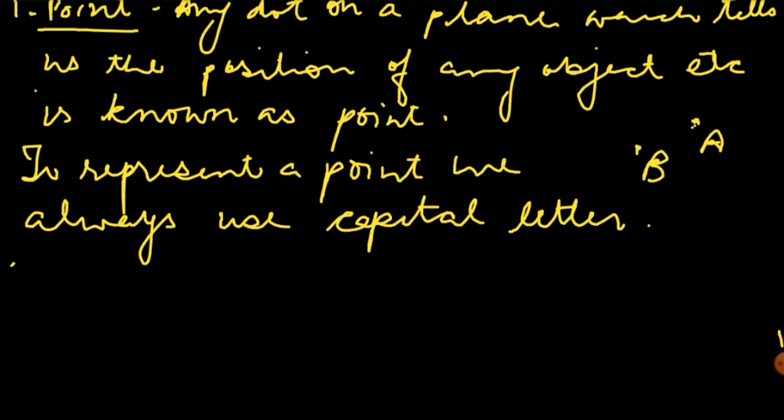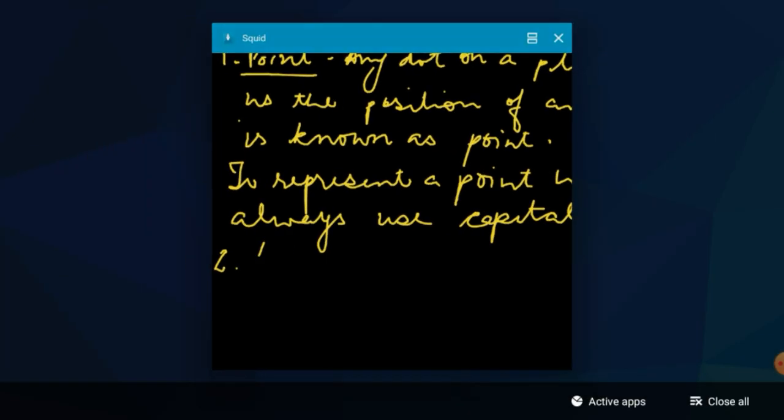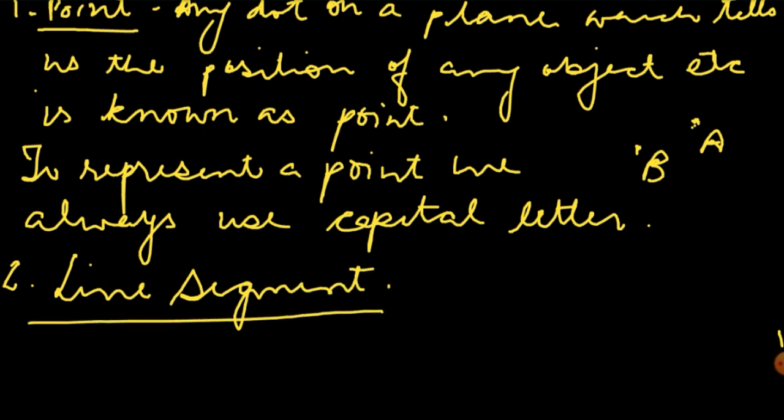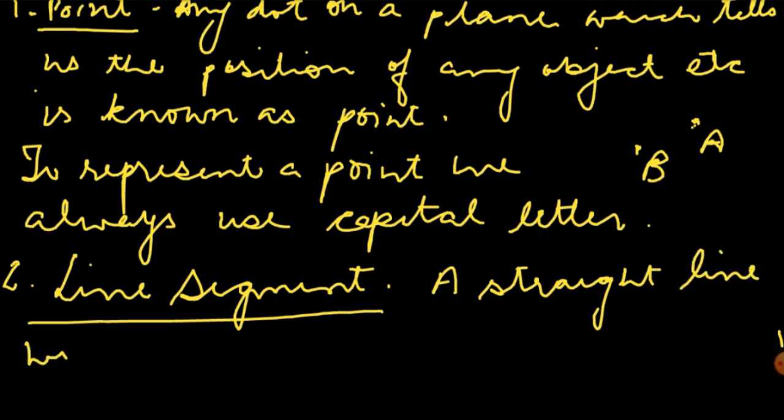Okay. Now the second one is line segment. So what is line segment? A straight line with definite length.